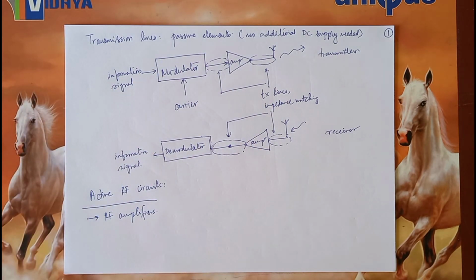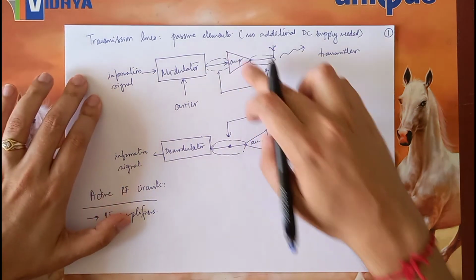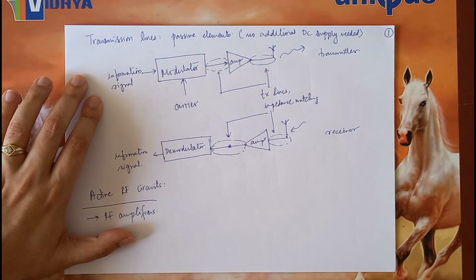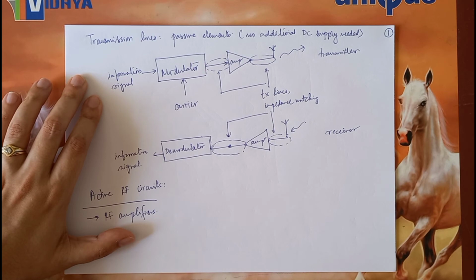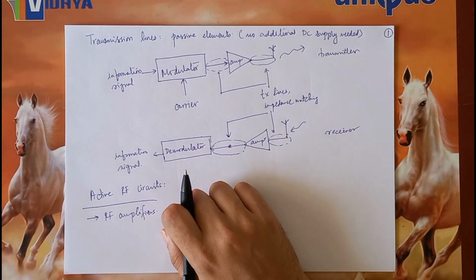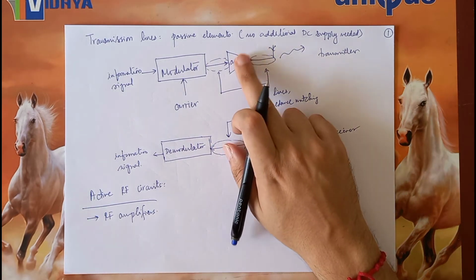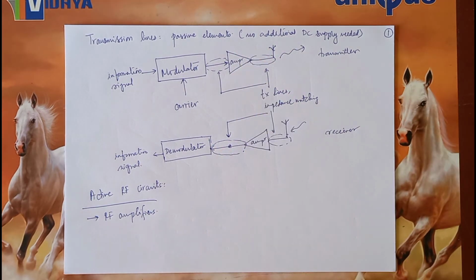So what essentially happens is that if you were to look at a transmitter and a receiver, the amplifiers may look the same, but actually they are doing two different functions. If you were to look at the transmitter, let us say I have a mobile phone in my hand. If we were to look at the transmitter of that mobile phone, the amplifier here has just one job.